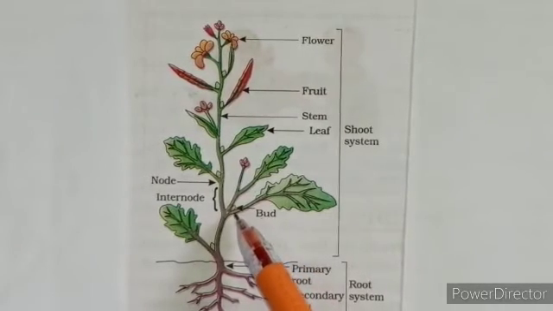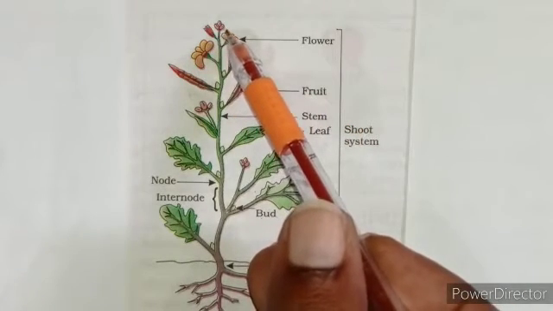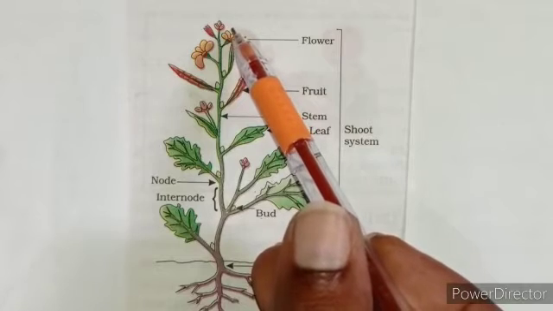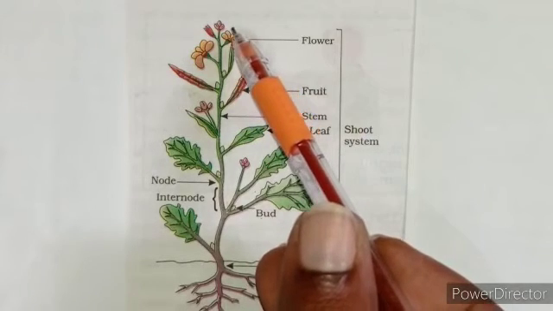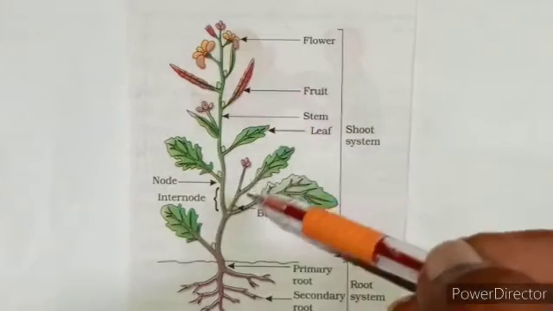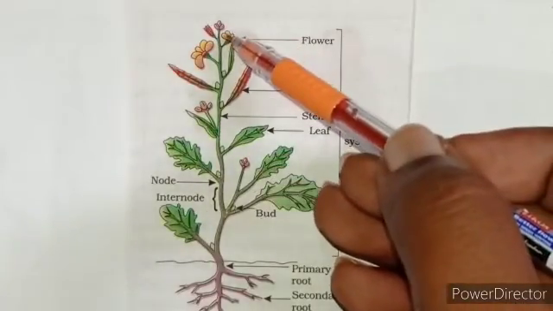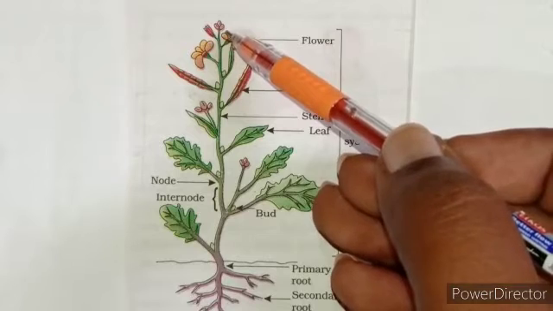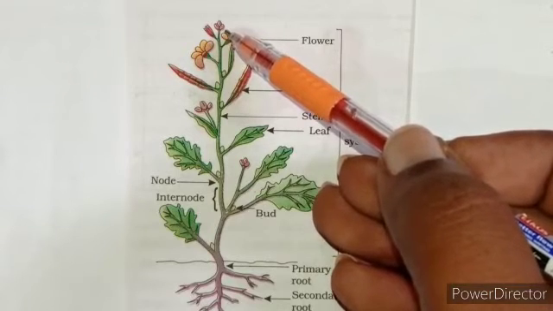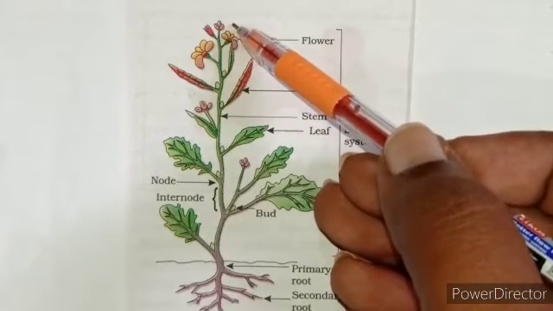Students, all of you see here, the buds which grow into new shoots are called vegetative buds, and the buds which grow into flowers are called floral buds, okay. And this shoot has a bud at its tip, this is called the apical bud or terminal bud.